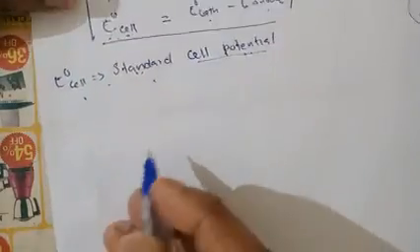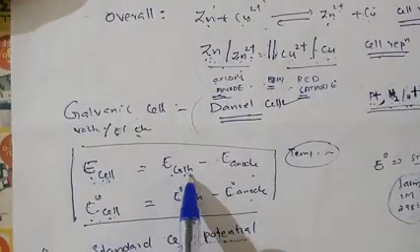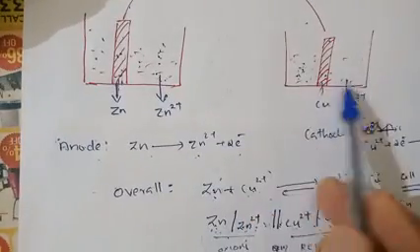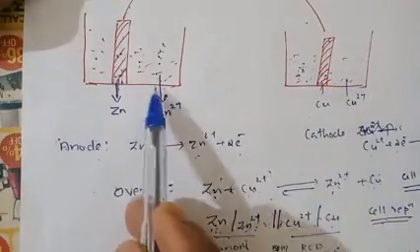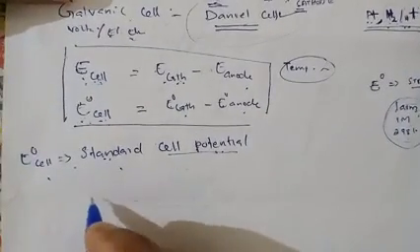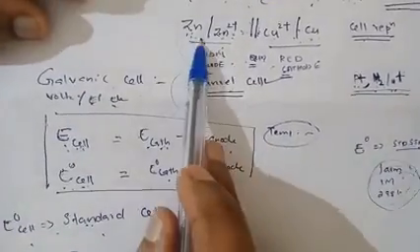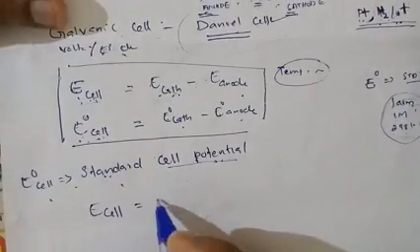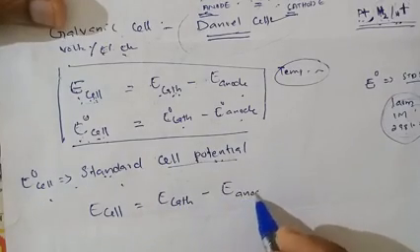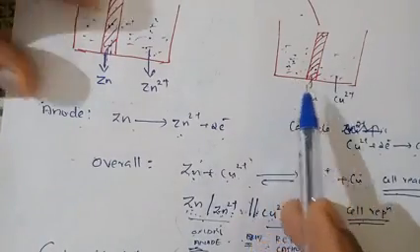So if I take zinc, I can represent what is the value of zinc. Listen, here E0 cathode is there. Here what is the cathode? Cu, and the anode is zinc. So simply I can write E cell is equal to, for this particular reaction, E cathode minus E anode. This is the equation. So here, which is the cathode? Cu and Cu2 plus.